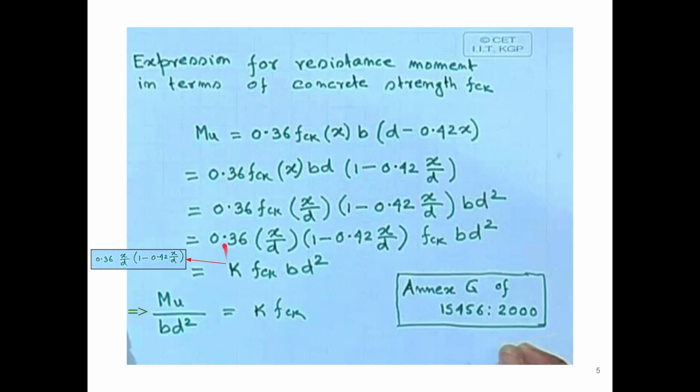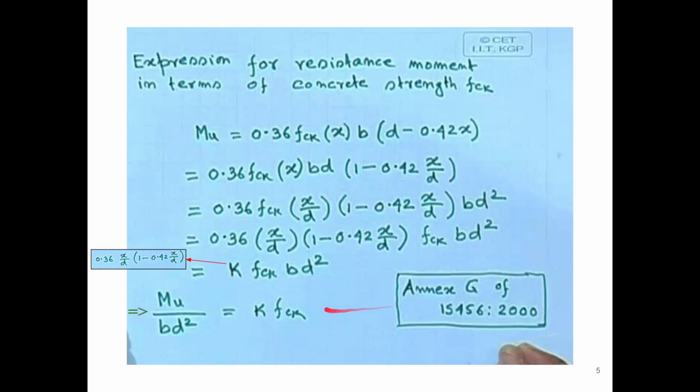Taking 0.36 x by d into 1 minus 0.42 x by d as a term, we call it k. So we can write Mu equal to k fck bd square, where k is this, and if we take bd square to the left hand side, we find Mu by bd square equal to k fck. This is the moment carrying capacity at the limiting condition.